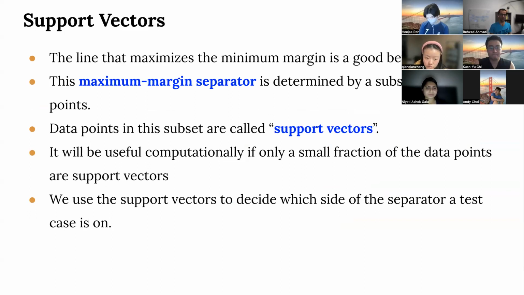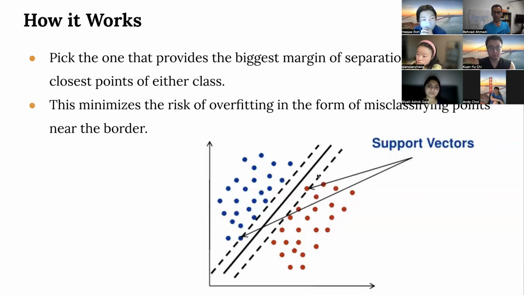It will be useful computationally if only a small fraction. So basically, you can see here, these points are playing less of a role. The points on the very farther side, or the points that are not close on the support vector, are playing a lesser role in where this margin line is going to be, right?